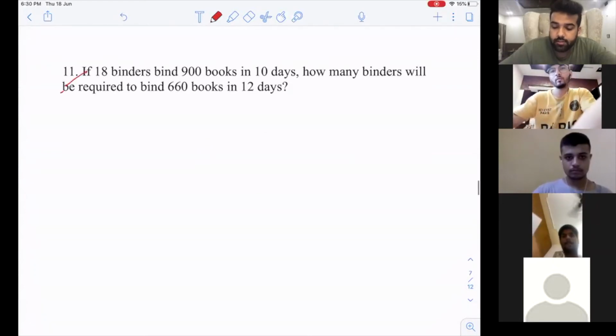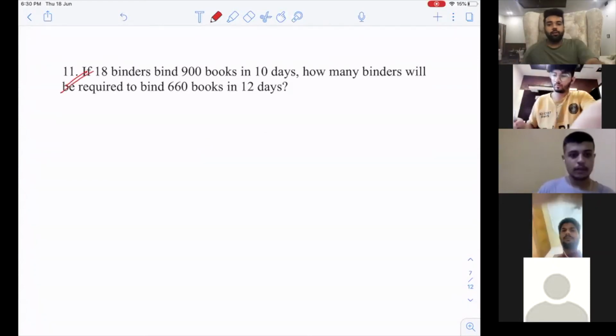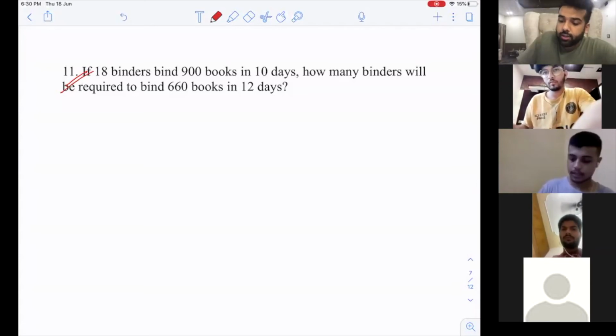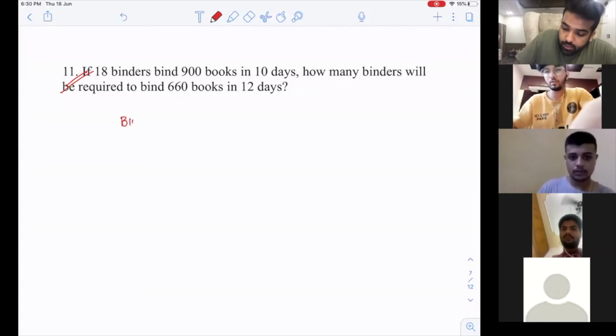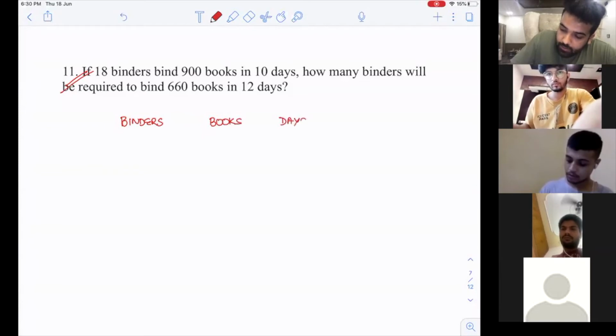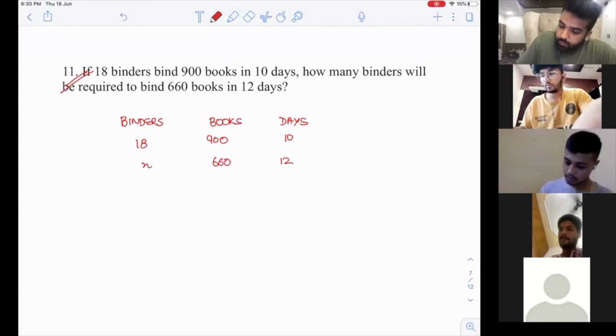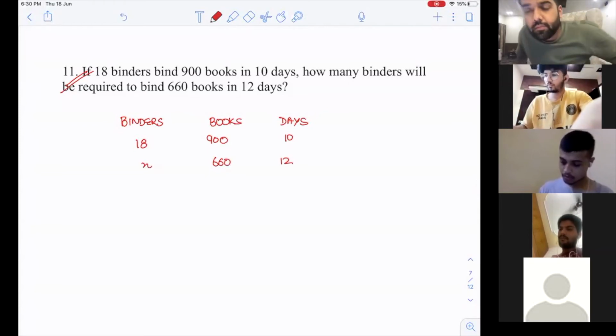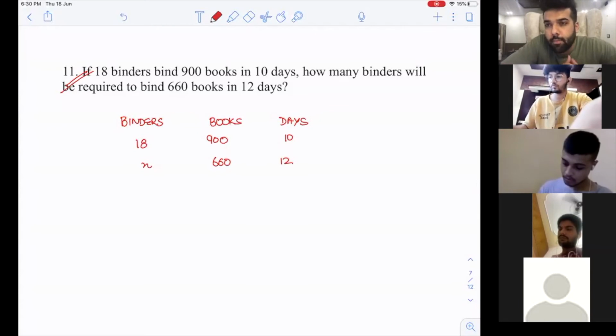Okay, try this. I'll again give you 2 minutes. Let's see whether you're able to get it or not. What are the 3 factors given to us? Binders, books, and days. Go through it.